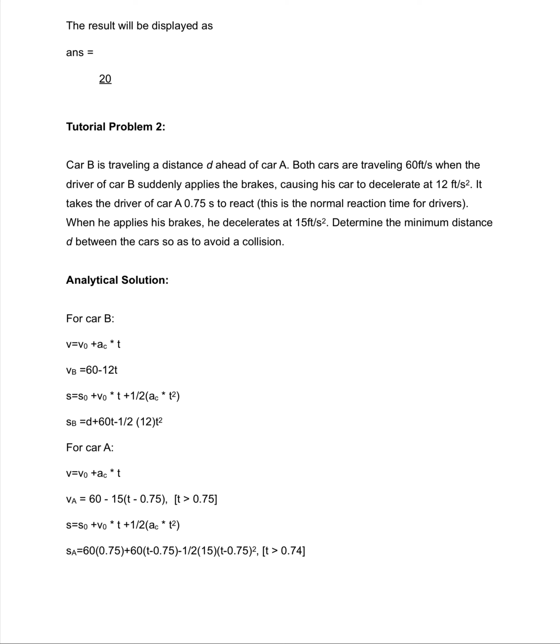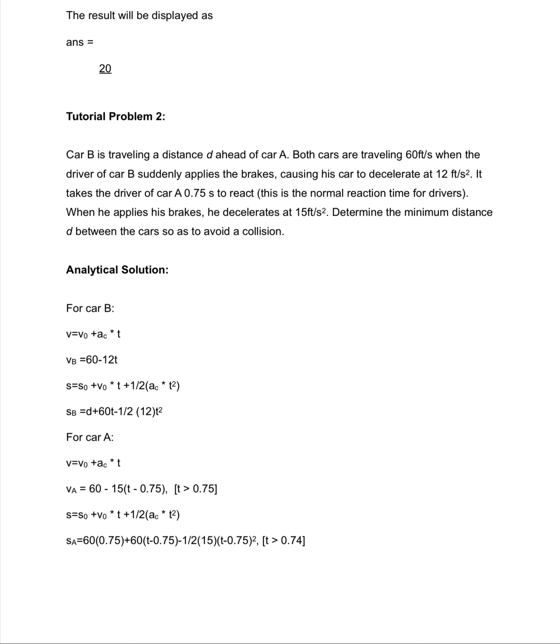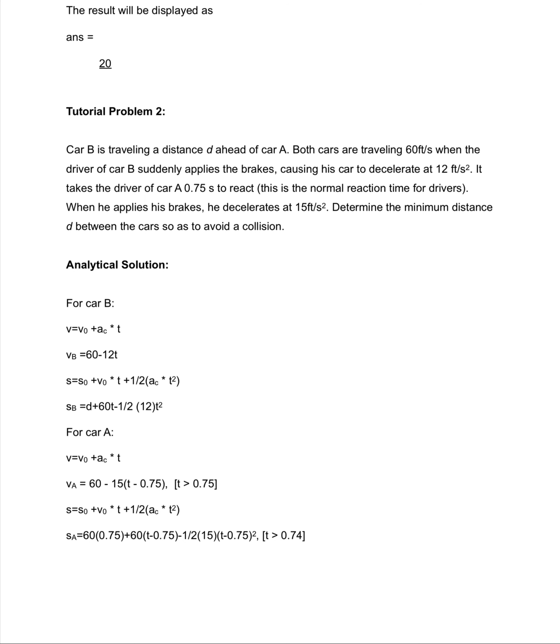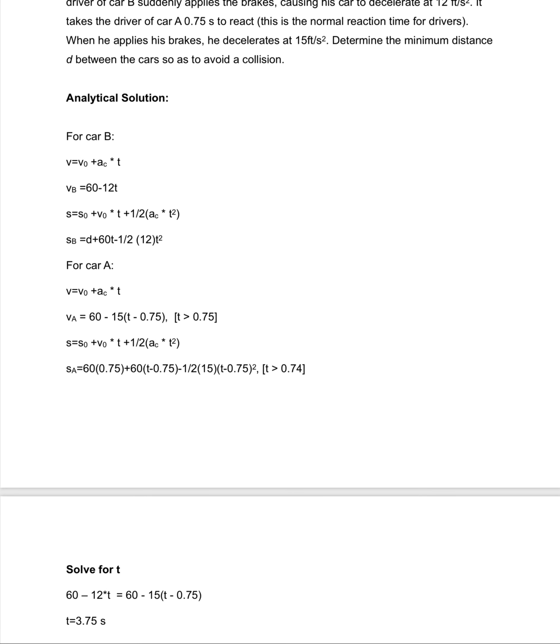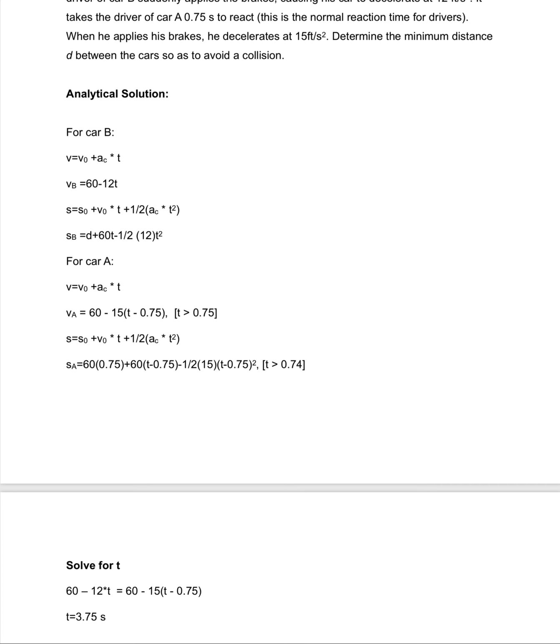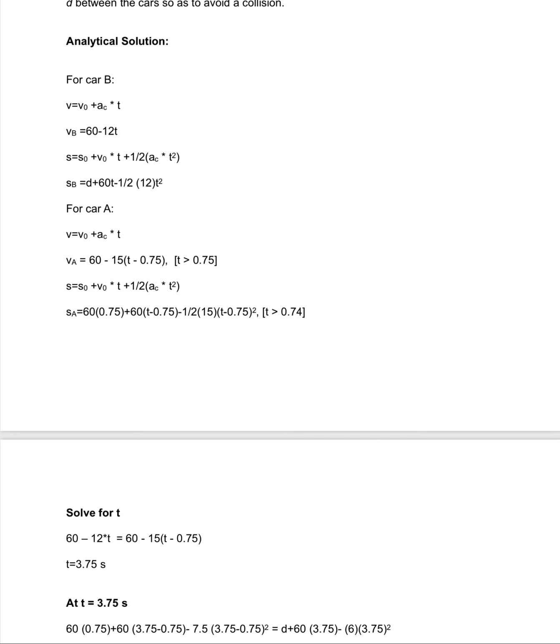And so you go over the analytical solution, which for car B, you solve for the velocity and position for car B, and then for car A. And then you solve for t by setting the velocities of both car B and A equal to each other, which gives t of 3.75 seconds.